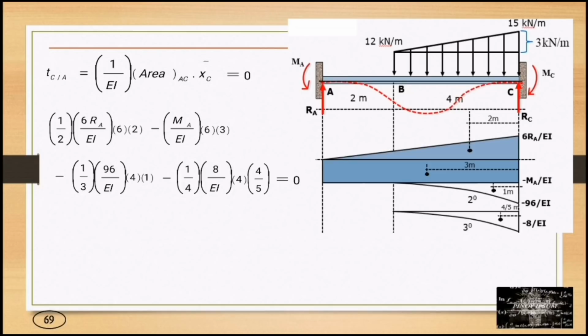So, yung EI cancelled out. So, we have 36 RA minus 18 MA is equal to 134.4. So, this is equation number 2.